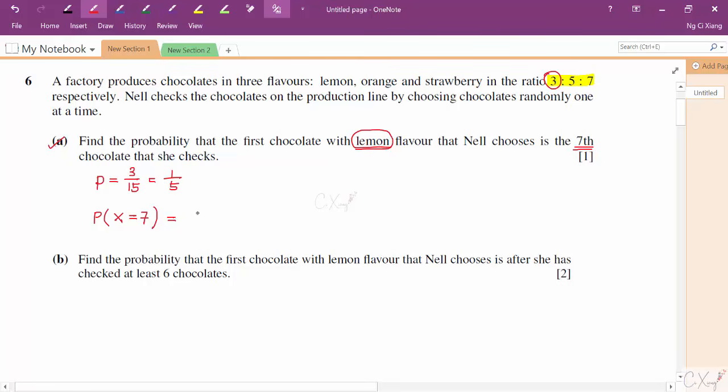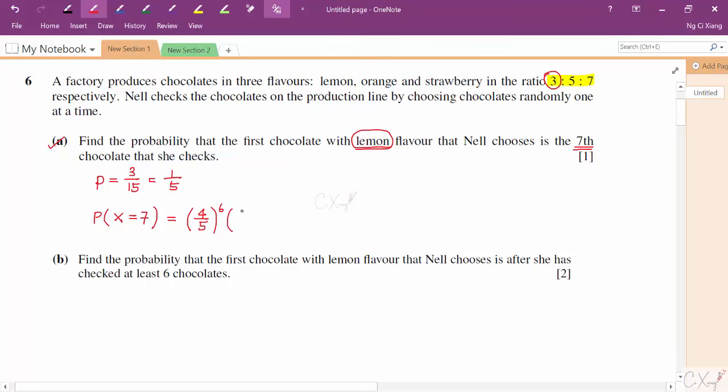So that means what? That means the first 6 chocolates are not the lemon flavor, and the 7th chocolate is the lemon flavor. For the first 6 chocolates that are not lemon flavor, it will be q, which is 4 over 5. P is 1 over 5, right? The lemon flavor is 1 over 5, so for non-lemon flavor it will be 4 over 5. The first 6 chocolates are all non-lemon flavor, which is 4 over 5 to the power 6.